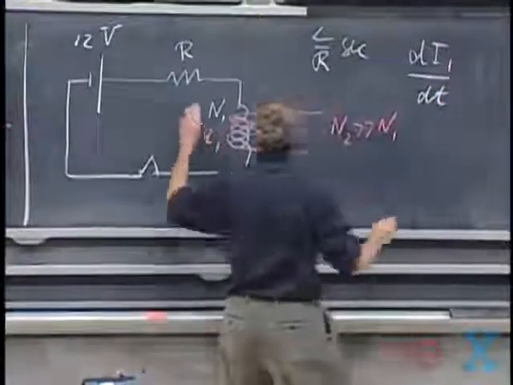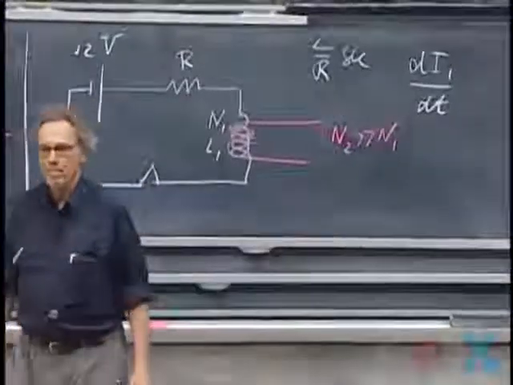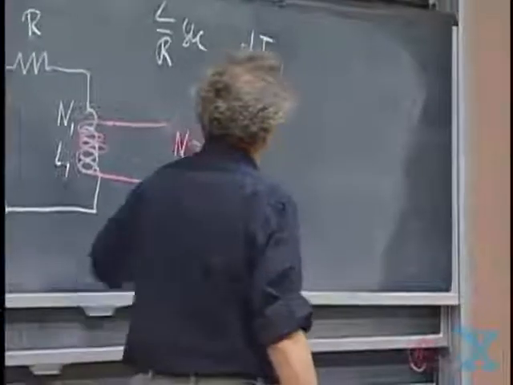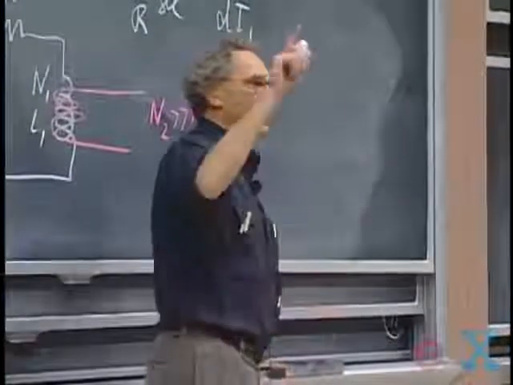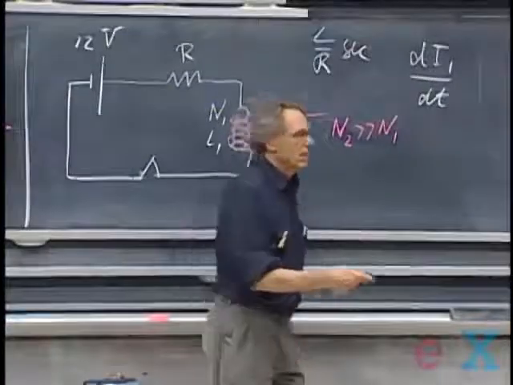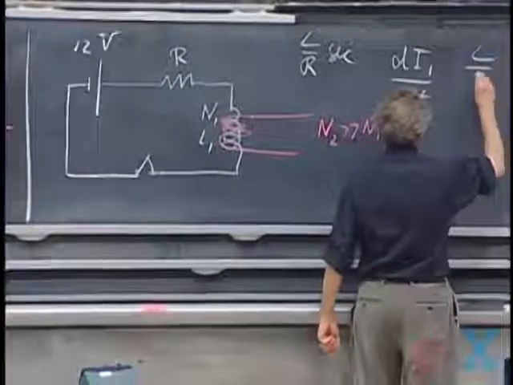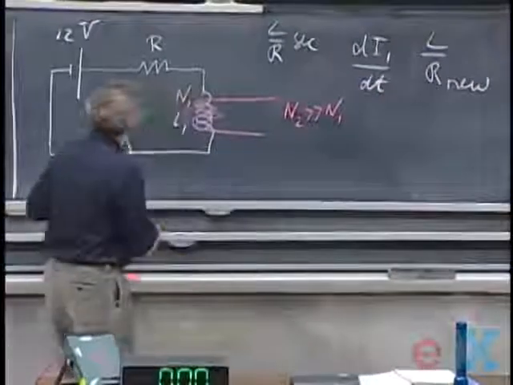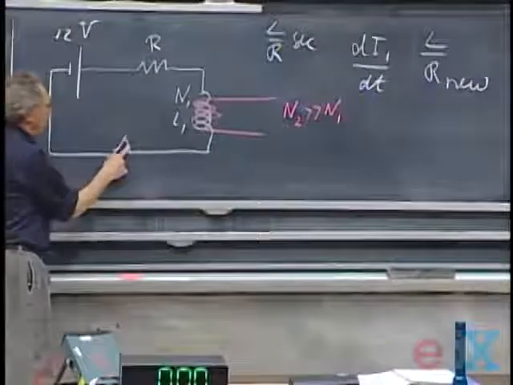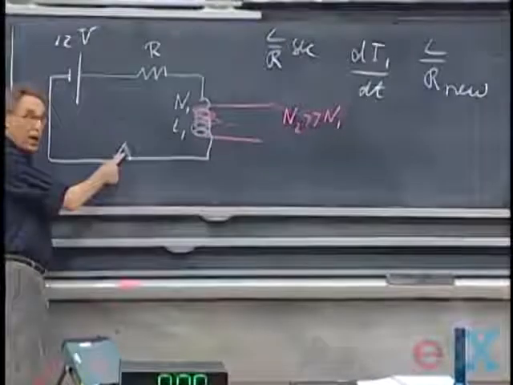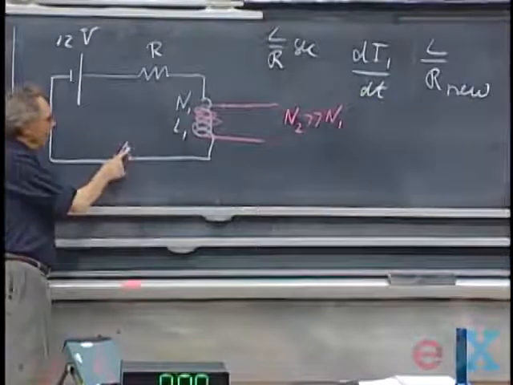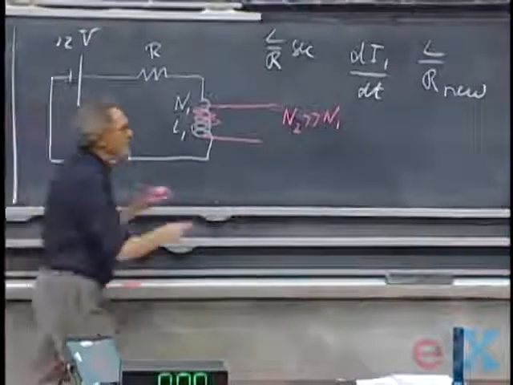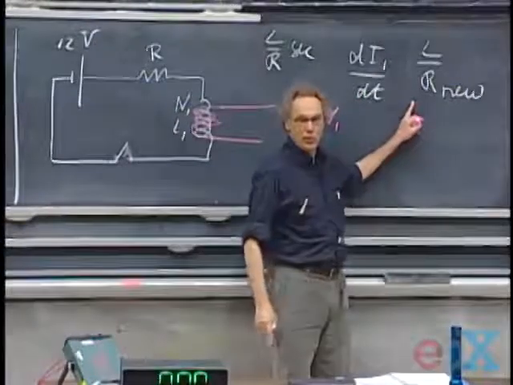I1 is now the current in the primary. The current, of course, will die down on a timescale L over R, which is the new value for R. And the new value for R is the fact that I open it up, I make the resistance infinitely large here. And if the resistance is infinitely large here, my L over R time goes to 0.